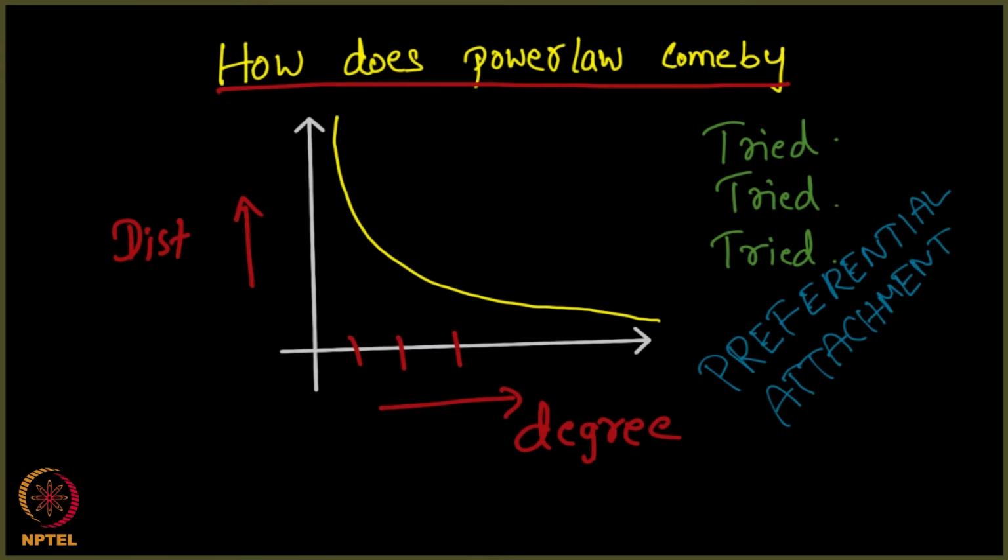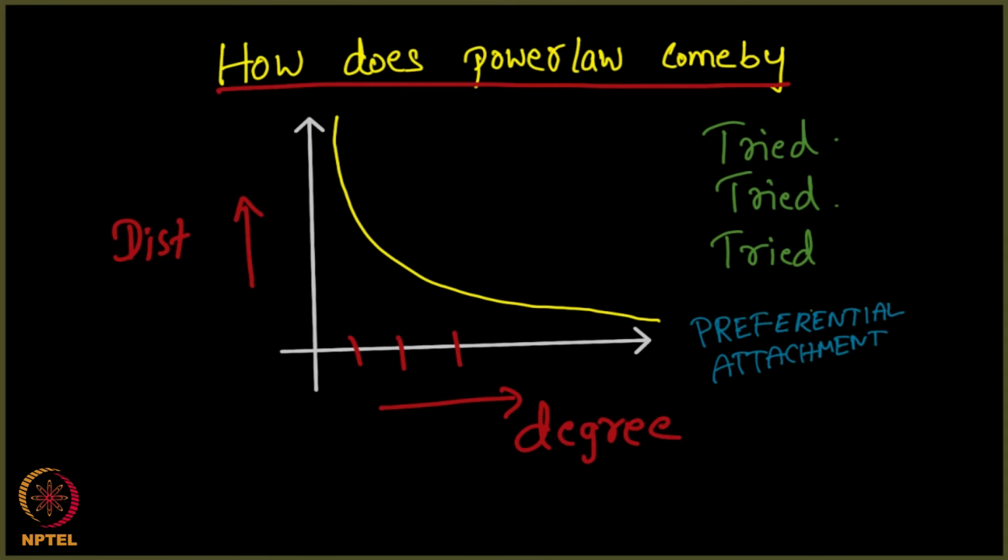It's a hypothesis. People have said that there is something called preferential attachment that's happening, because of which one observes power law. And now let's see what exactly this preferential attachment is.